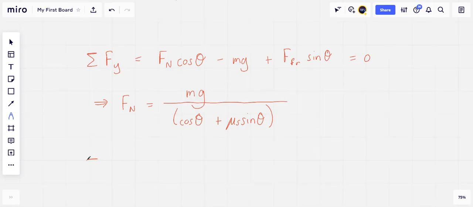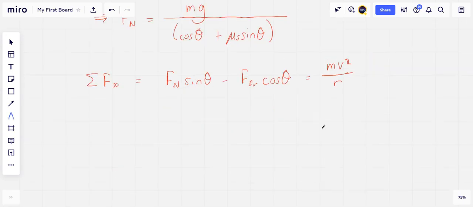Now, if we take the resultant horizontal component of the force, we get Fn sine of theta minus the frictional force F_fr times the cosine of theta, which is responsible for the centripetal force mv squared over r.